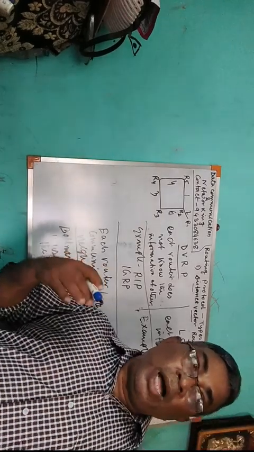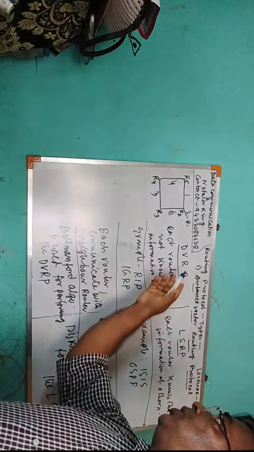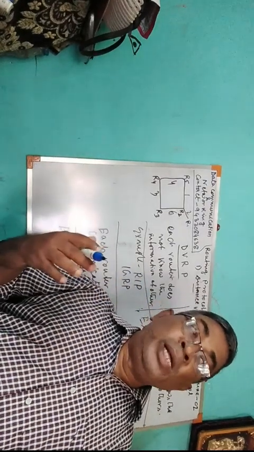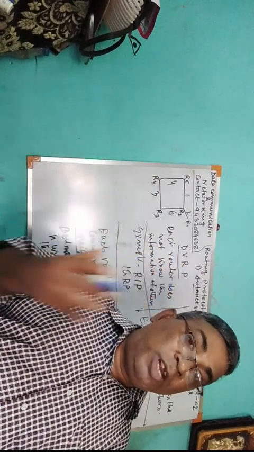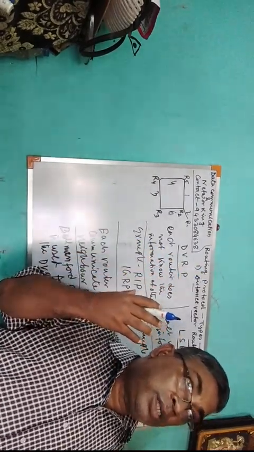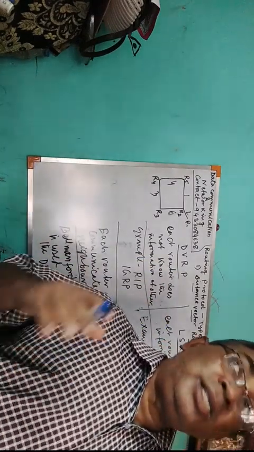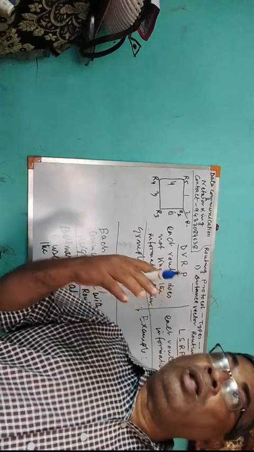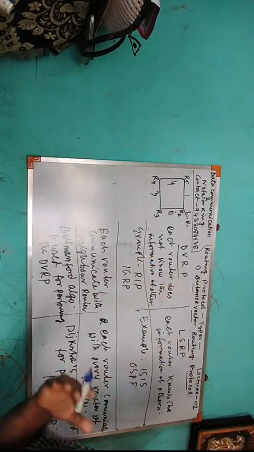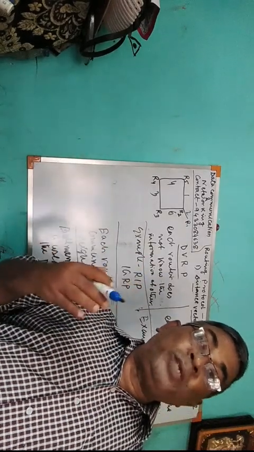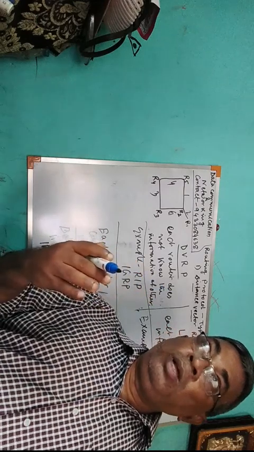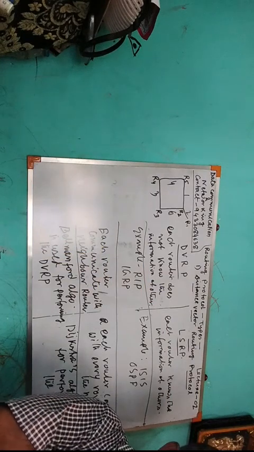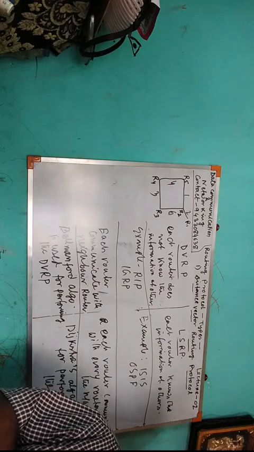Actually, what I mean to say is that both distance vector routing protocol and link state routing protocol have the same purpose: to find the shortest path, to find the optimum path, or you can say to find the least cost path to nodes.